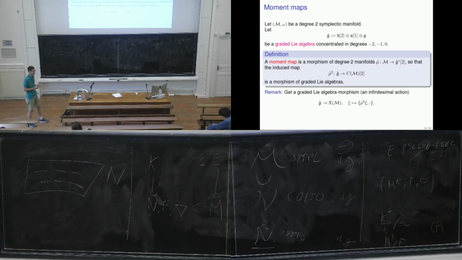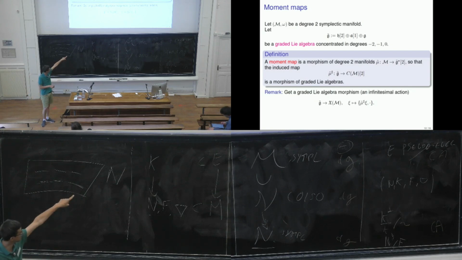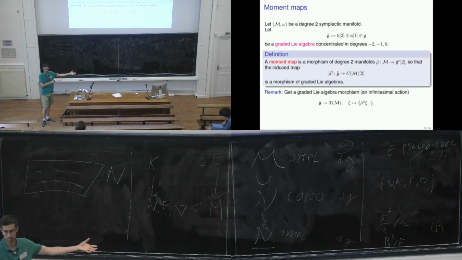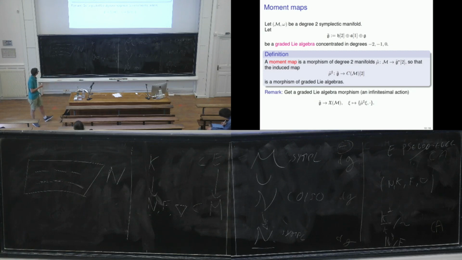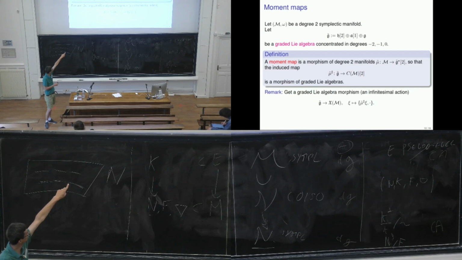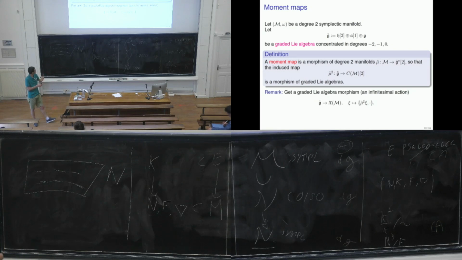As in usual symplectic geometry, out of a moment map you get an infinitesimal action just by taking the Hamiltonian vector fields of the components of the moment map. Let's look at the co-moment map, the thing in the middle. If I take homogeneous elements of G tilde and look at their images, I get functions on M which have degrees 0, 1, and 2, the degrees that generate the algebra of functions.